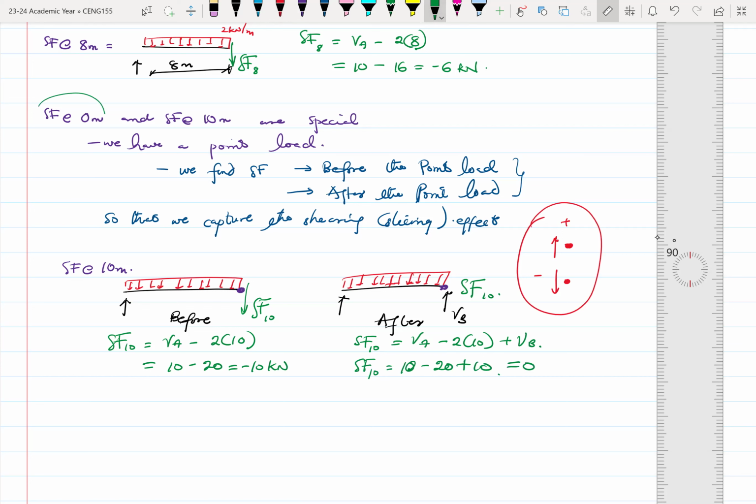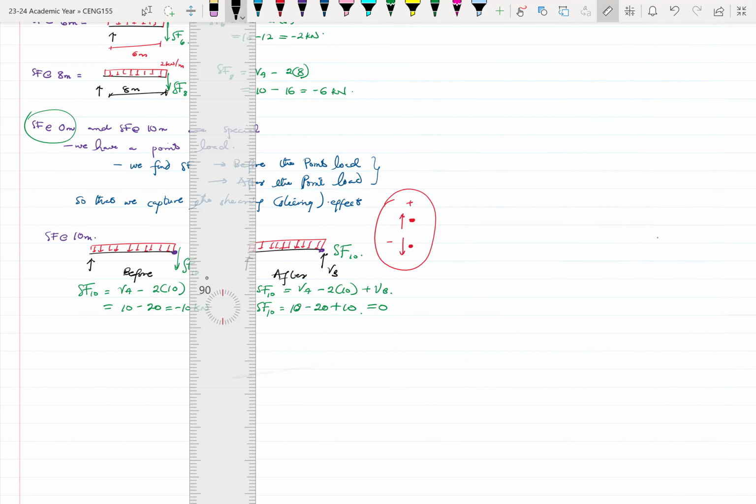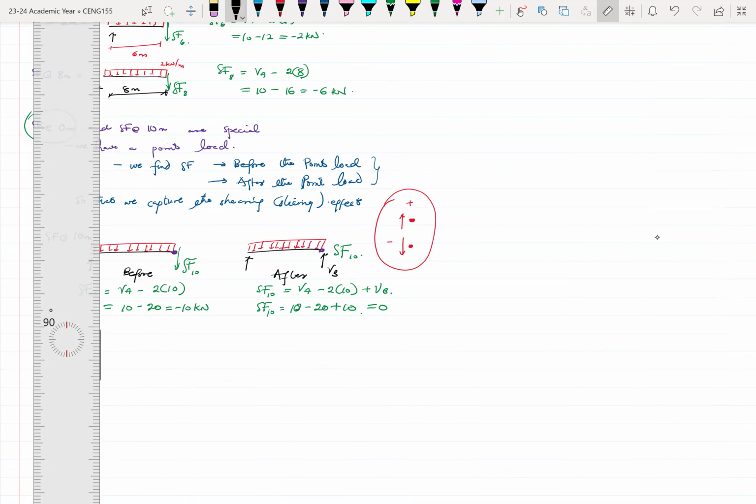A similar thing will work for the shear force at 0 meters. So let's draw our shear force diagram just to see how things come out.